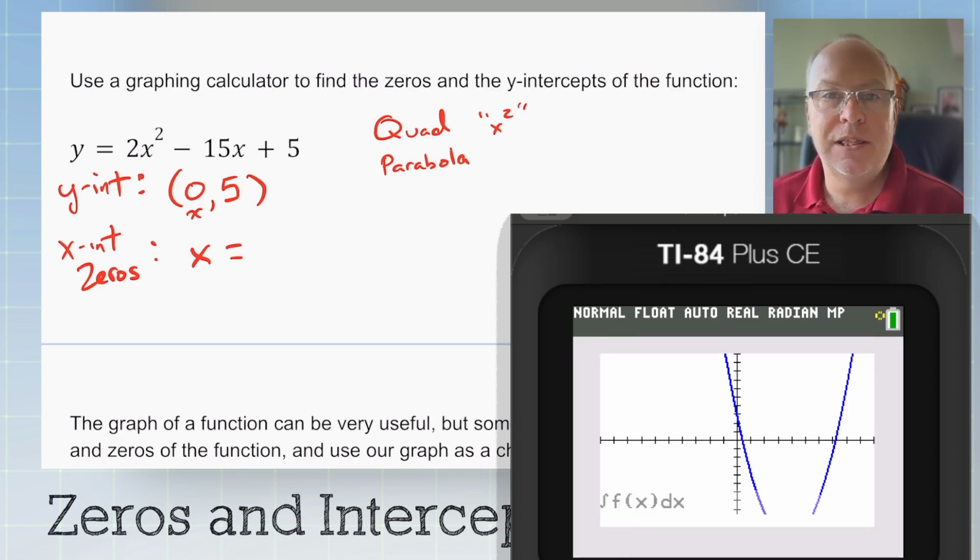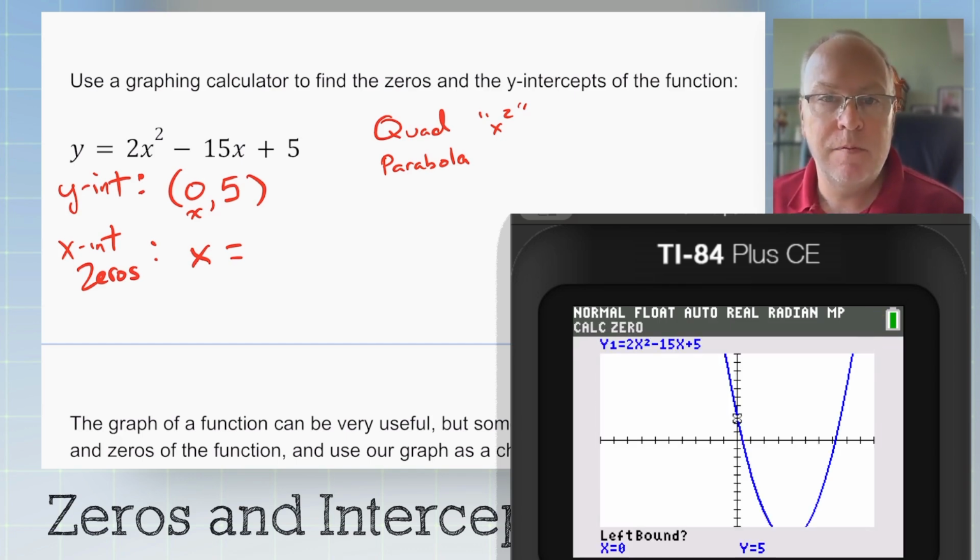And it's just like the min and max thing that you may have done before. So you have to tell it what's called the interval. The left bound and the right bound of where to look. So I want to look for a 0. I know my zeros are right around here, right? So I have to go a little bit to the left.